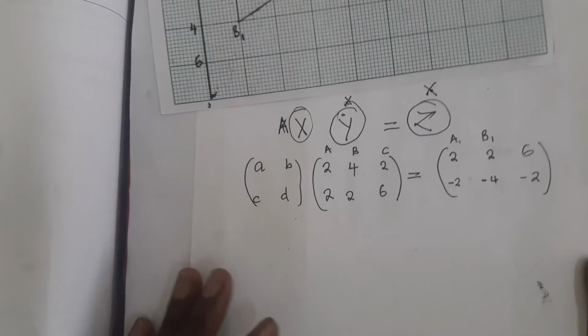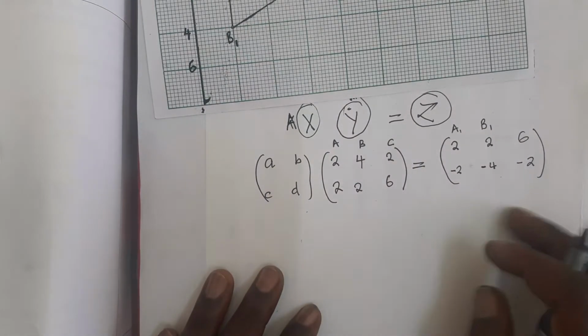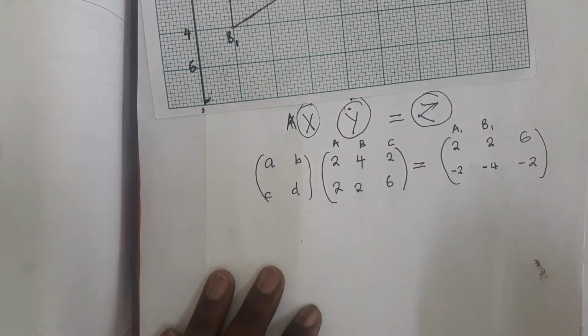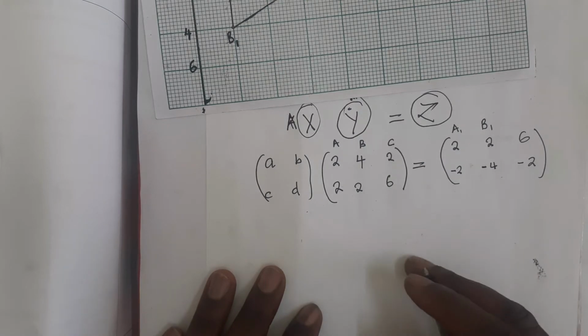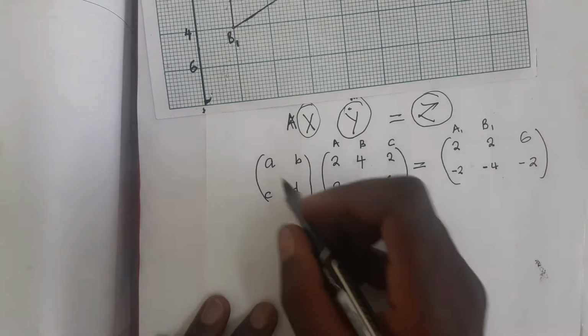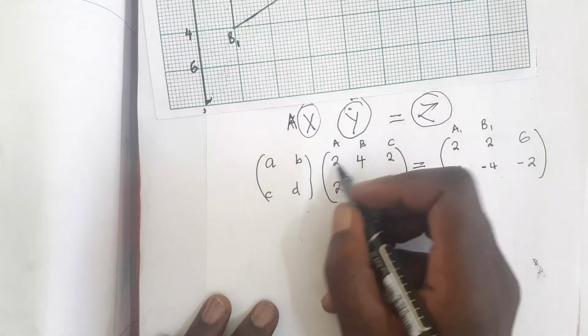So how do we multiply matrices? Row by column. We multiply matrices row by column. For instance, this one, what does it give us?